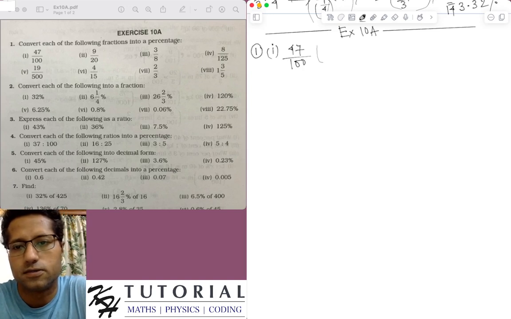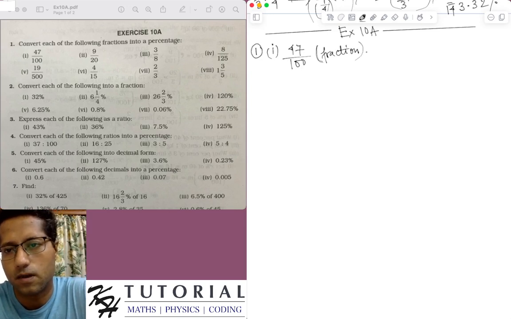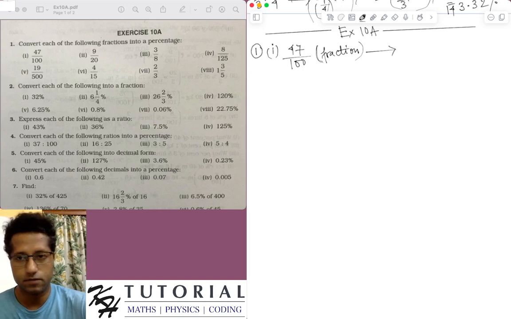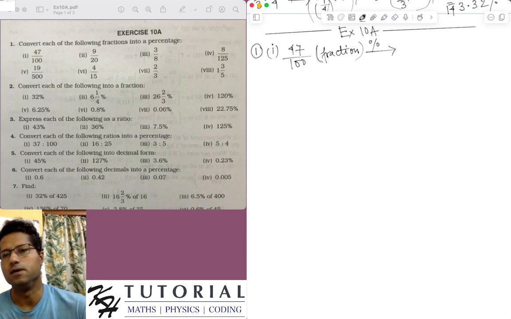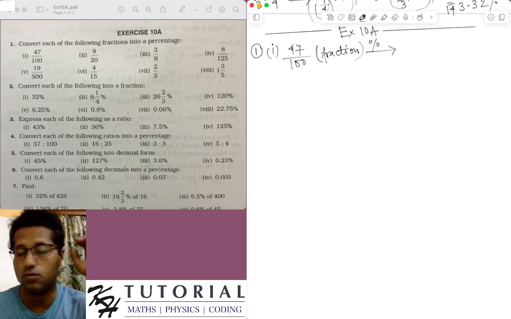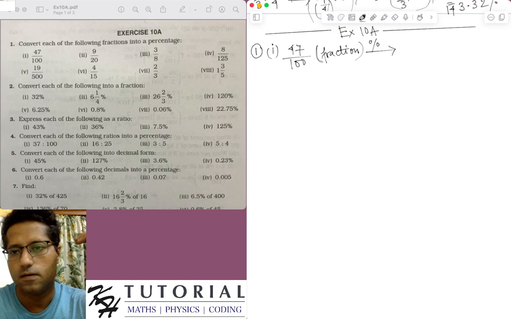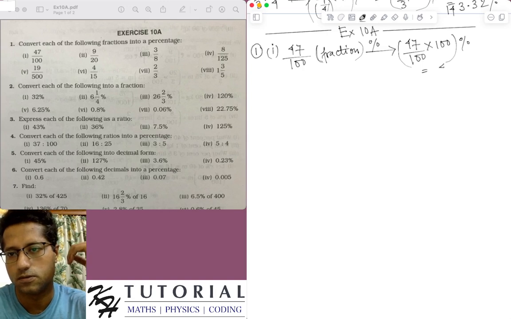We multiply the fraction by 100. So the given fraction multiplied by 100 gives this amount of percentage. Now the 100 cancels out, and this is 47 percentage.